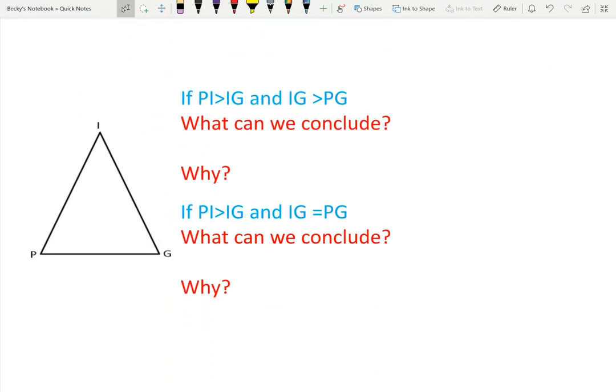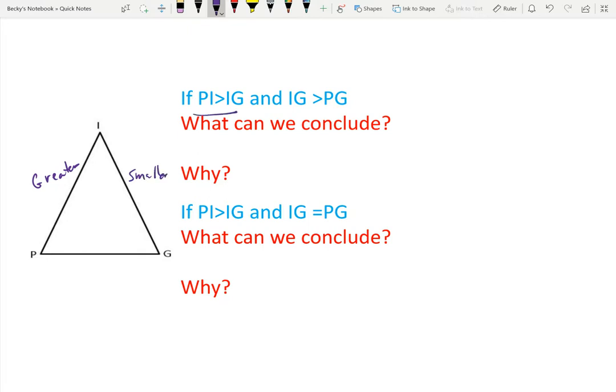So let's look at this one. PI is greater than IG. Now there's really not a symbol for this; if they were equal, we would put the congruent symbols. But this side is greater. This side is smaller, according to my given.